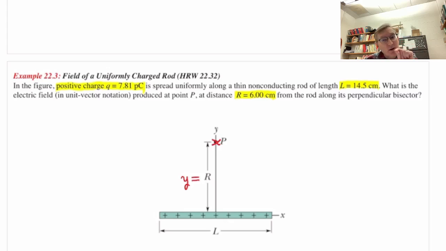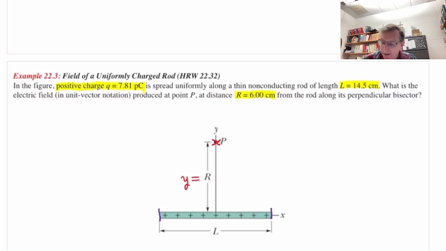And we can treat each one of those little pieces as a point particle and use the electric field formula for a point particle to find the electric field for that point particle. But then we've got to add up all the electric field contributions from all the point particles from the left end of the rod over here at x equals negative L over 2 to the right end of the rod over here at x equals positive L over 2.